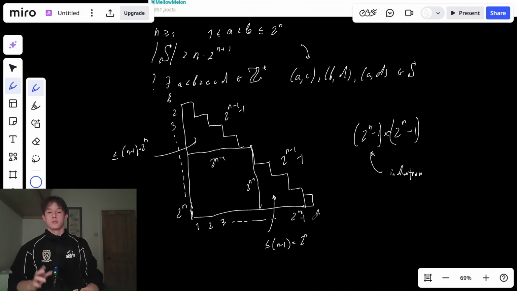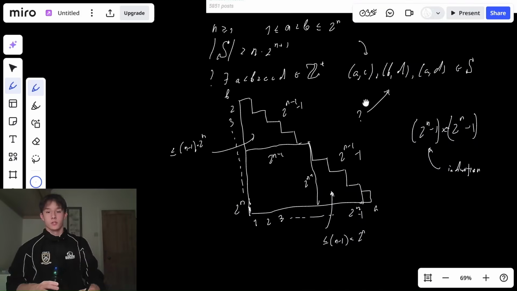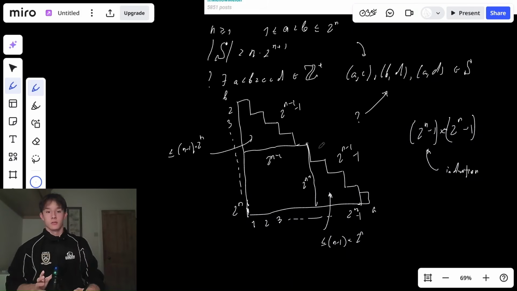Now it's about the time you should have done it probably before this, but it's the time to look at this and understand what it means. So what does this configuration actually mean on this diagram?